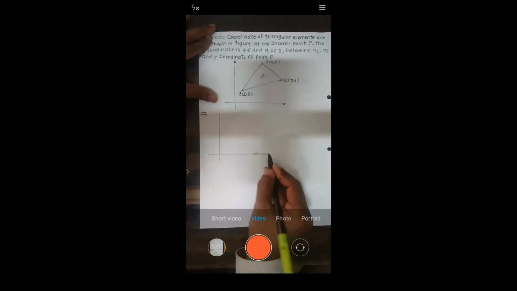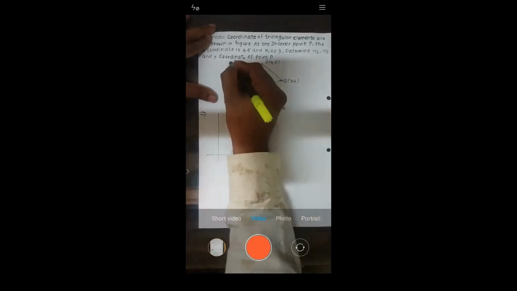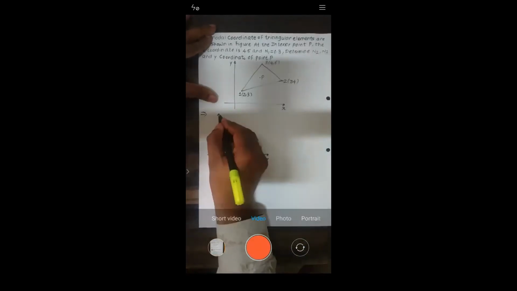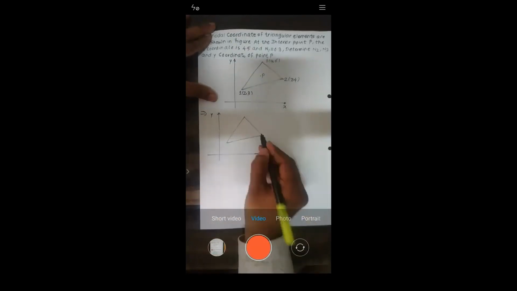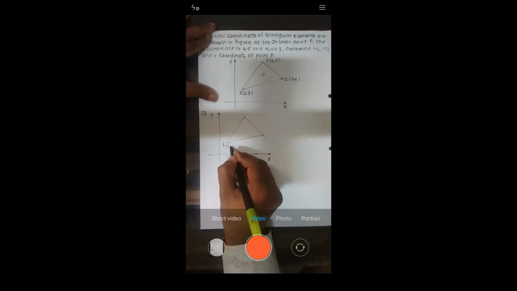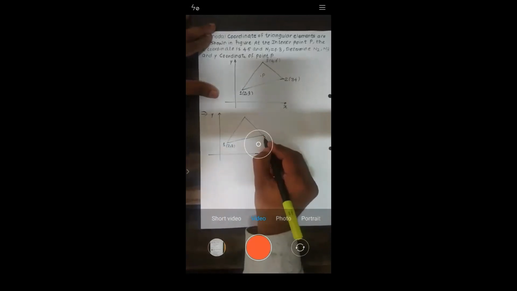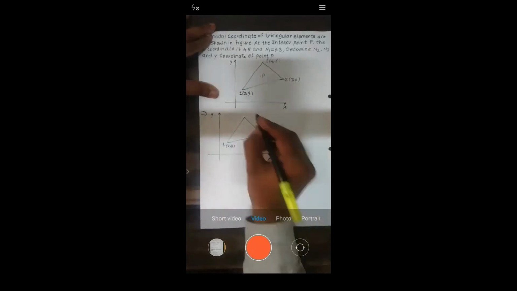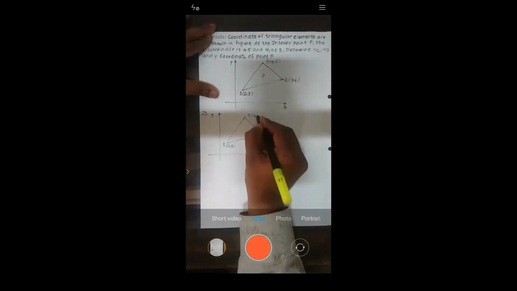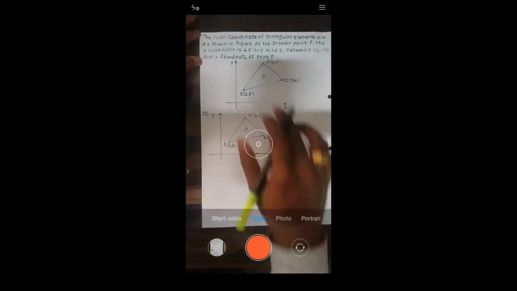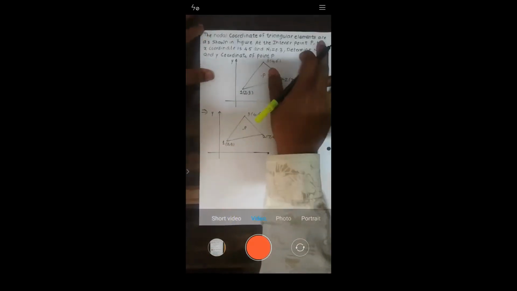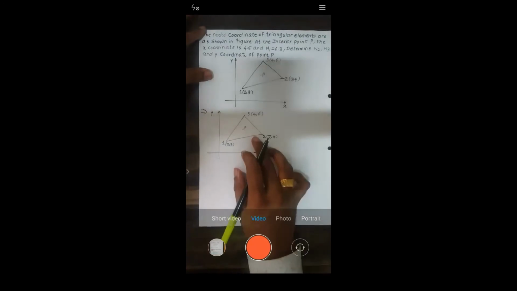This is your x coordinate, this is your y coordinate. Node 1 with (2, 3), node 2 with (7, 4), node 3 with (4, 6). They've given one interior point P. At the interior point P, the x coordinate is 4.5.